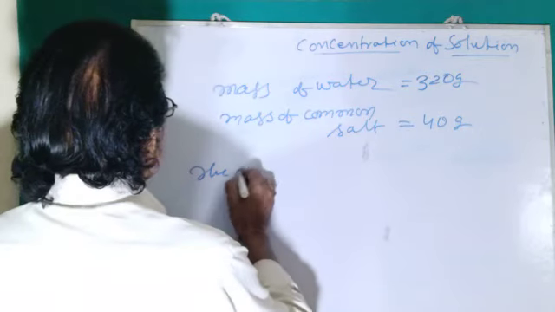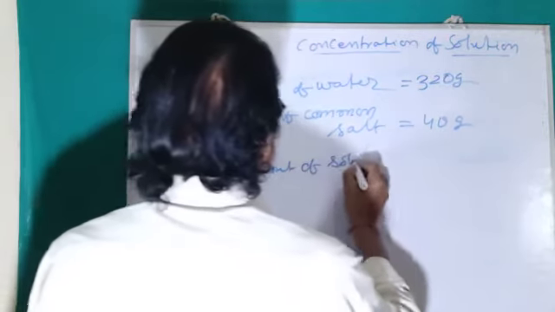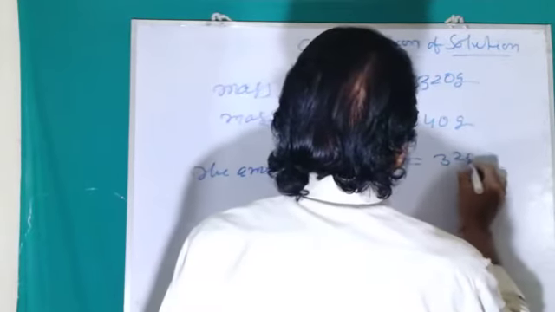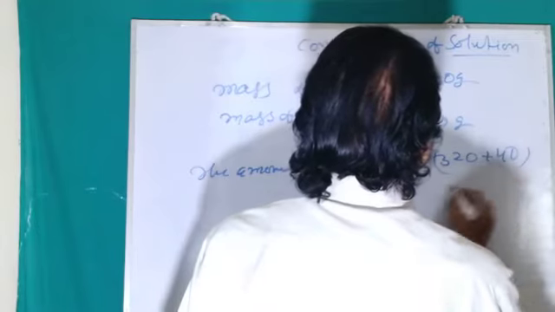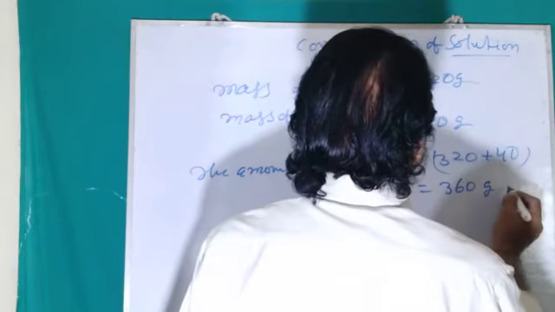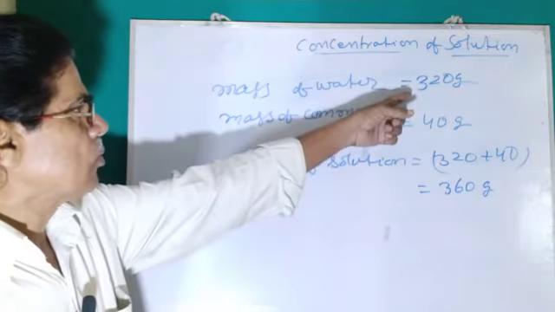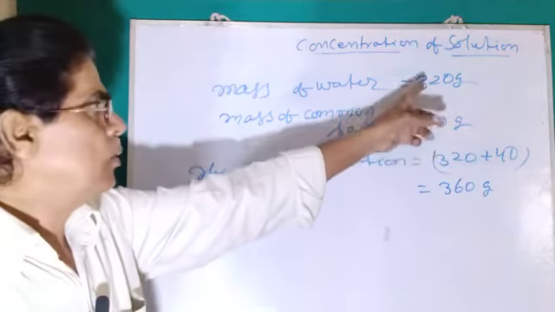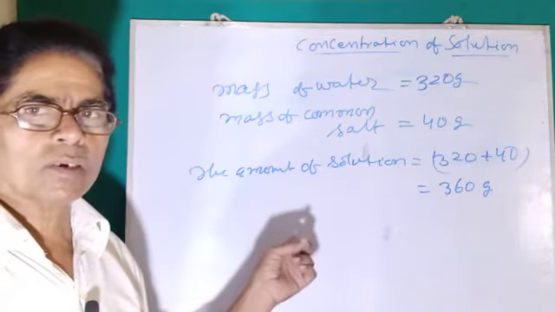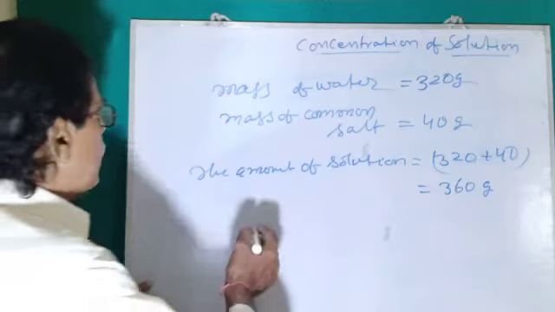The amount of solution will be 320 plus 40 means 360 gram, because here mass of solution is equal to mass of solvent plus mass of solute. So 360 gram.